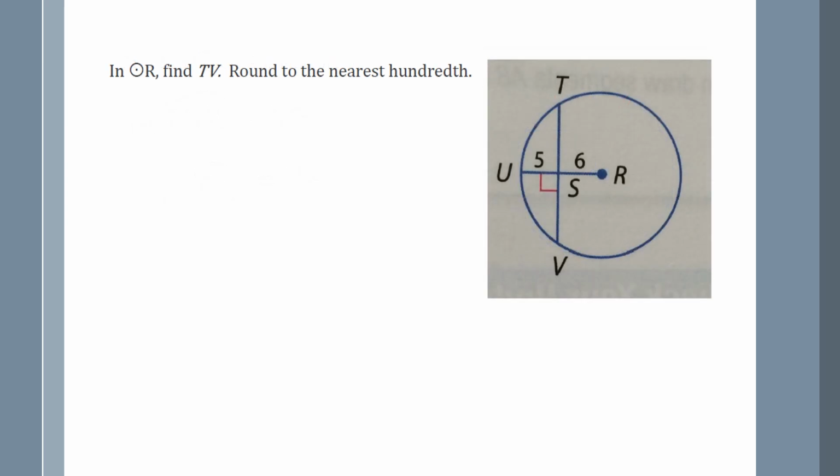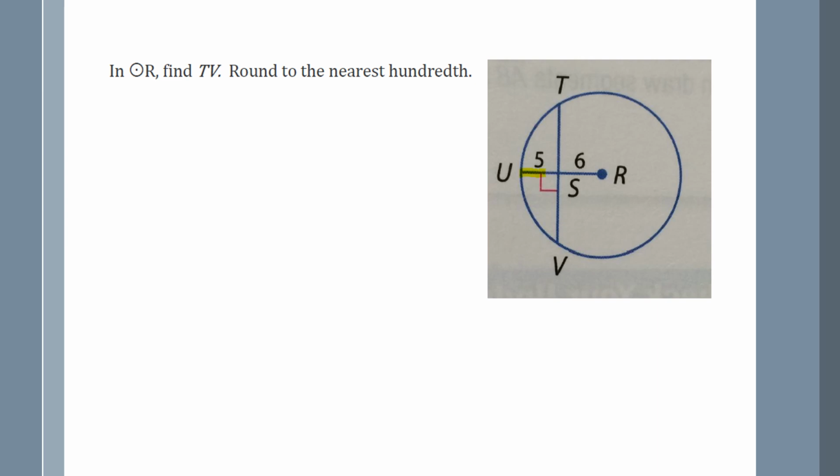Okay, so in circle R, find TV, round to the nearest hundredth. So this problem is a little more difficult. What we're going to do here is, first of all, find this length right here.